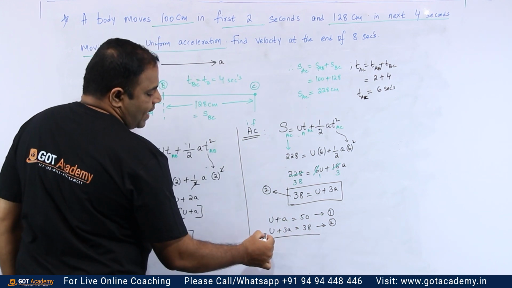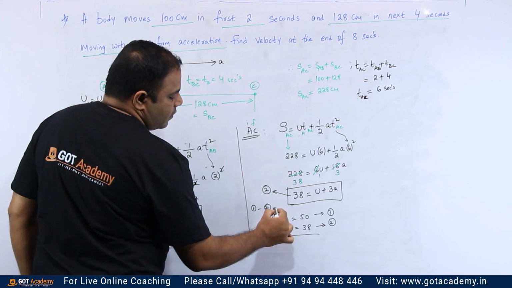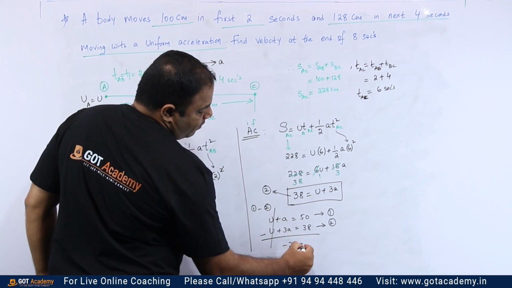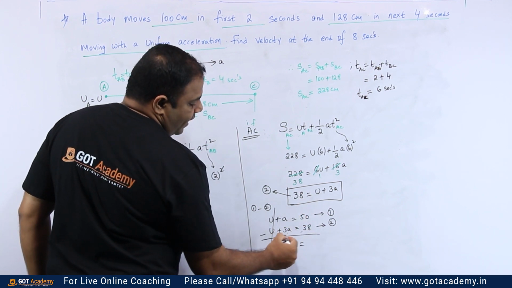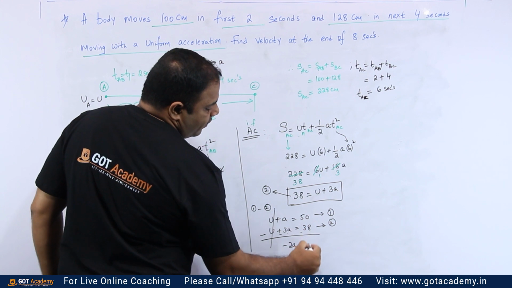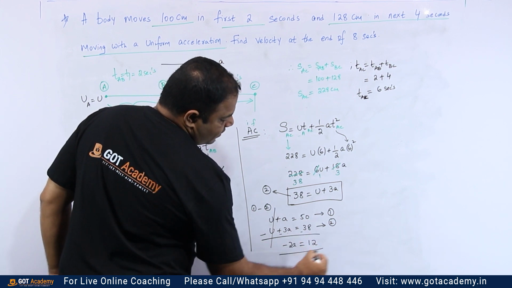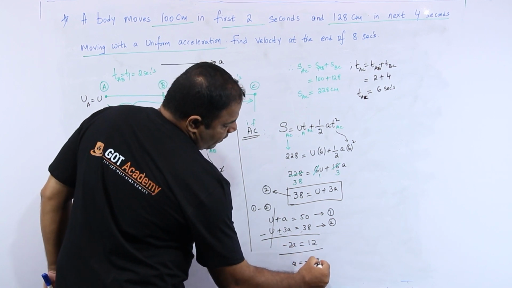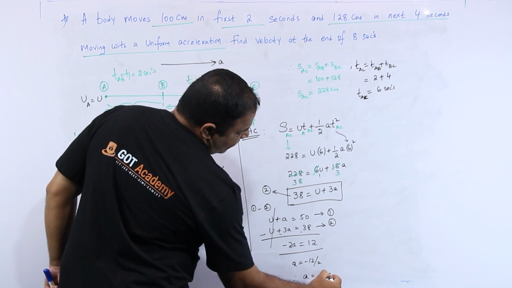What I have to do is subtraction, so I write equation 1 minus equation 2. u and u cancel, a minus 3a, so you will get minus 2a, 50 minus 38. 50 minus 38 is 12. So minus 2a equal to 12, so a equal to minus 12 by 2. So a equal to minus 6.